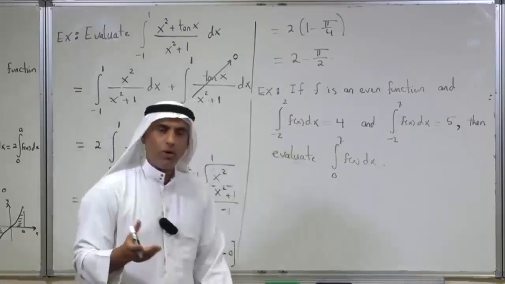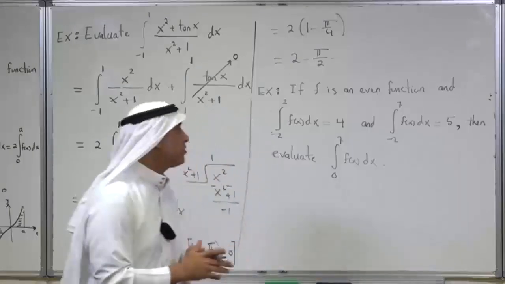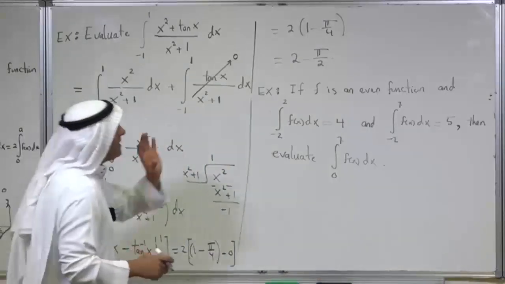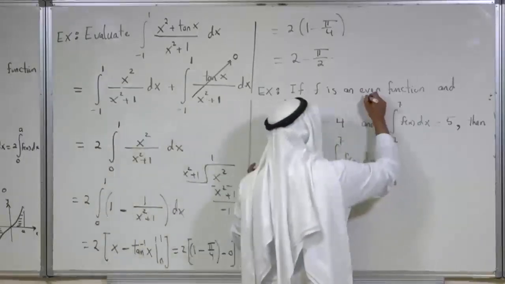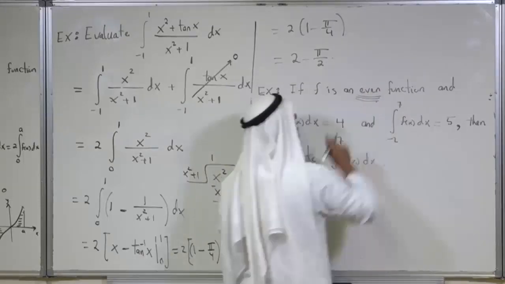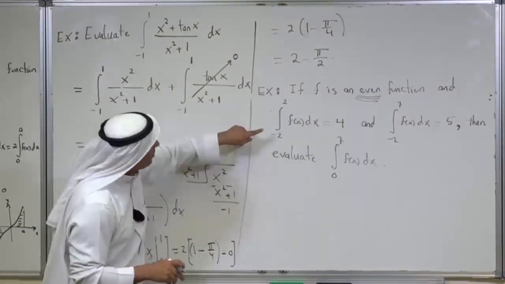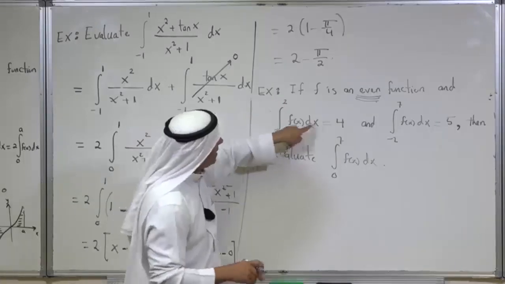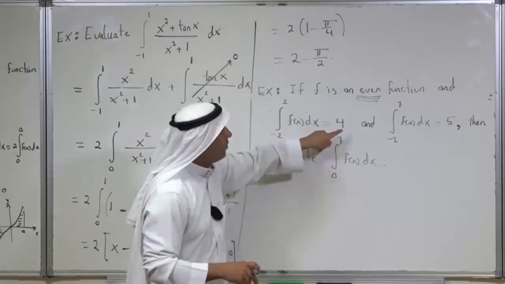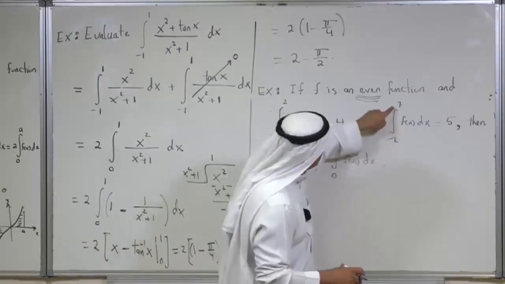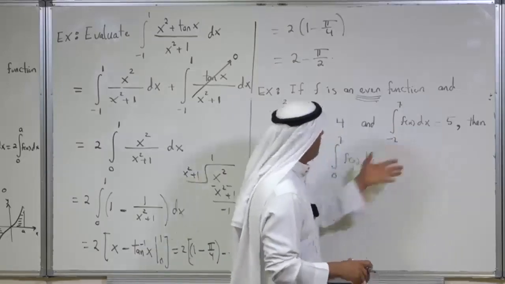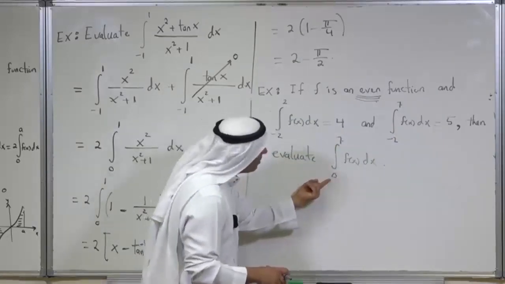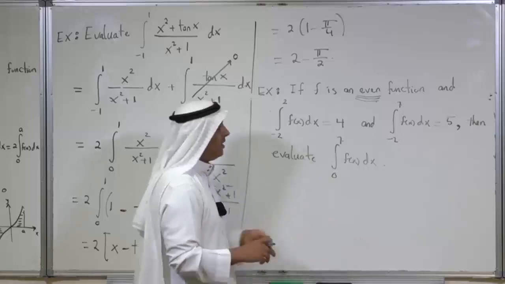Let us see now how the old properties and the new property will solve the question. Let us see what is the benefit of this word even here. We are given that from -2 to 2 f of x dx equals 4, and from -2 to 7 f of x dx equals 5, and we are interested in finding the integral from 0 to 7 f of x dx.